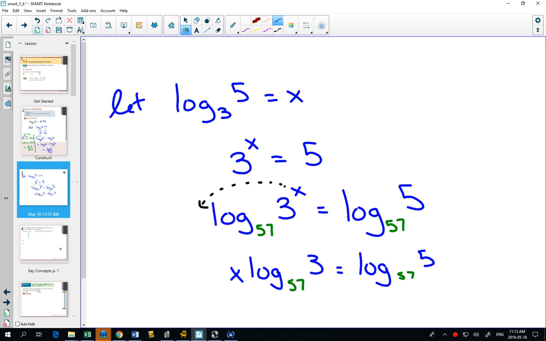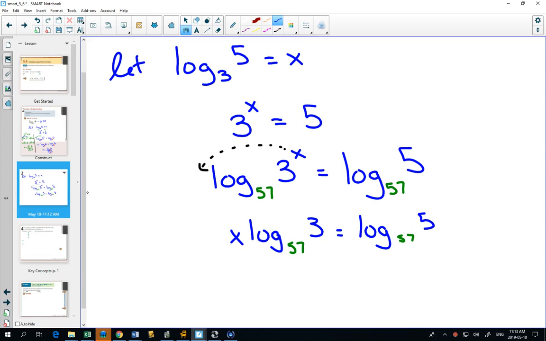And if I wanted to get the x by itself, I could divide both sides by log 57 of 3.